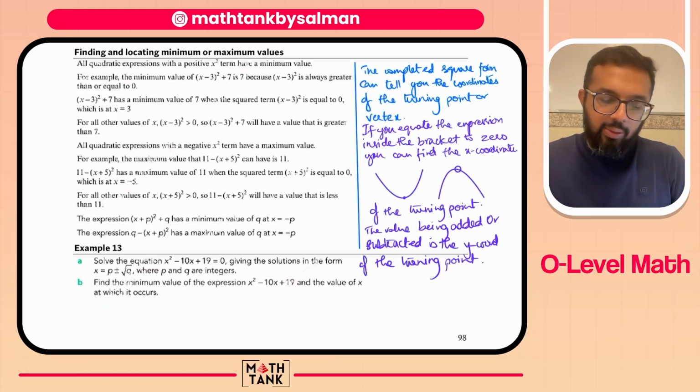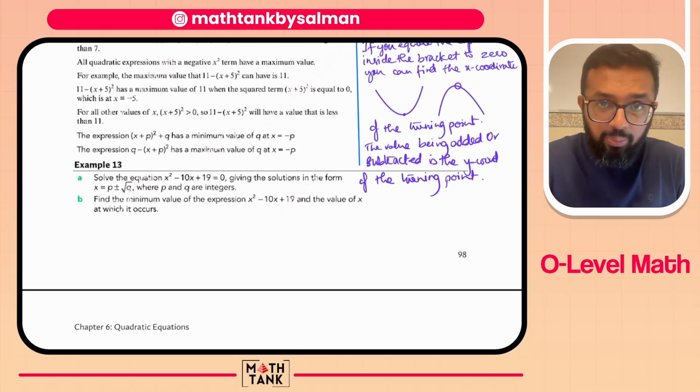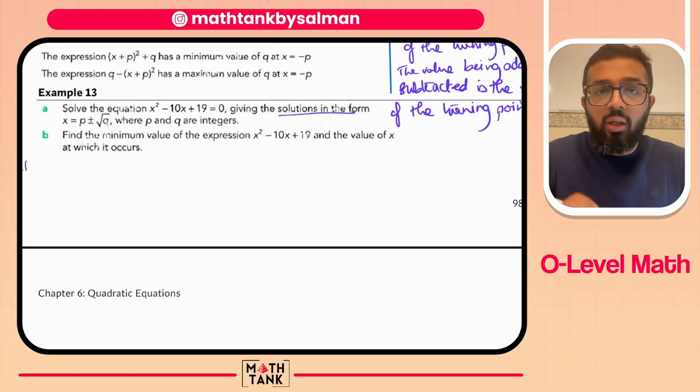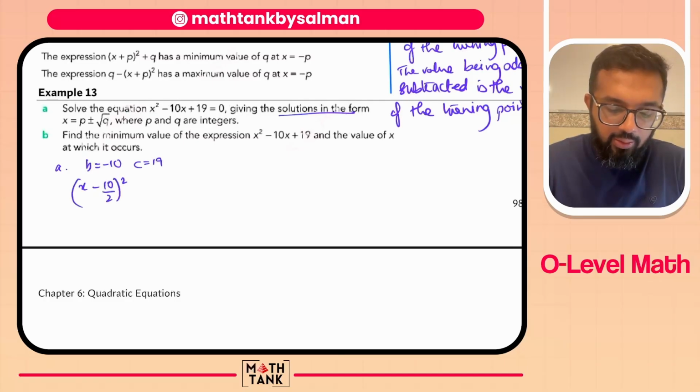Now let's look at this with a question. We'll talk more about quadratic curves later on. It says solve the equation giving the solutions in the set form. That's what I'm going to do. First, I'm going to complete the square. So b is minus 10 and c is 19. So (x minus 10 over 2) whole squared minus (10 over 2) squared plus 19.